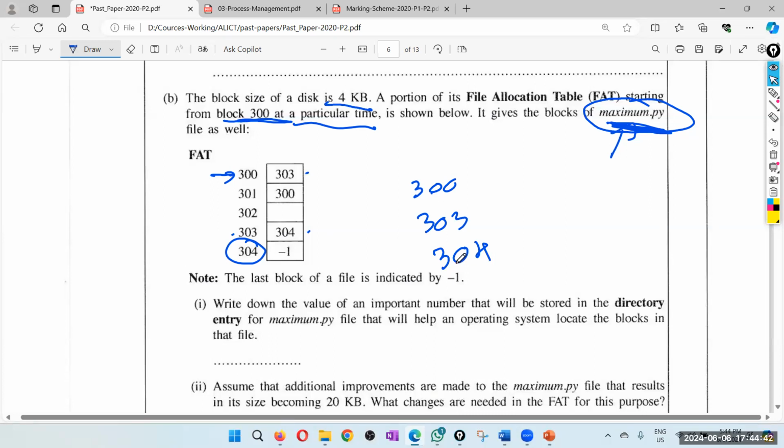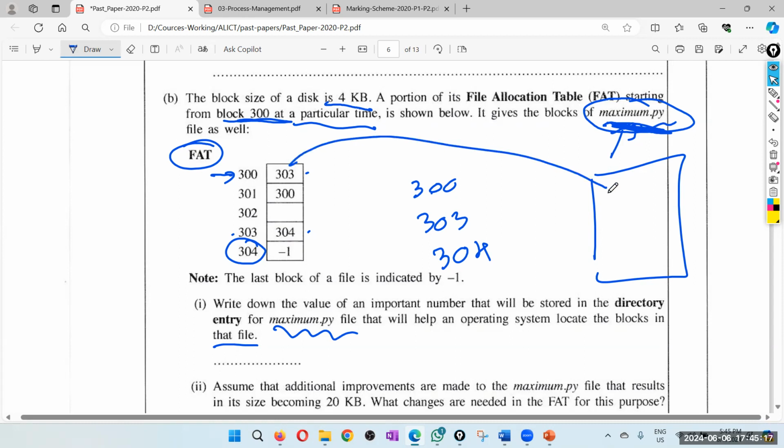So what is the question? Write down the value of an important number that will be stored in the directory entry for maximum.py, that will help the operating system locate the blocks of that file. The operating system must be able to read this file. Each file has this kind of table, but your directory must have entries for the starting point of each file.